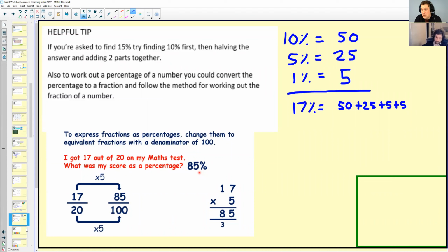And I'm sure, even if you're out shopping and you spot a sale sign, just talk to the child about, well, how would we work out 10% or 5% or 1%? And the more you discuss that topic with your child, the more also they can relate it to real life. And I think that's really important, because if maths isn't tied into real life, and Luke's an absolute expert at doing this in his lessons, actually drawing in, well, when would we use it?